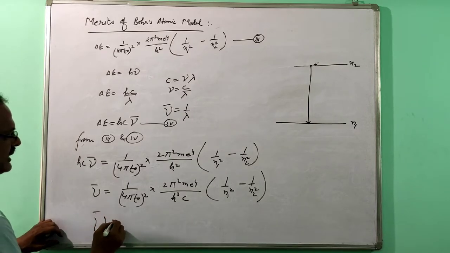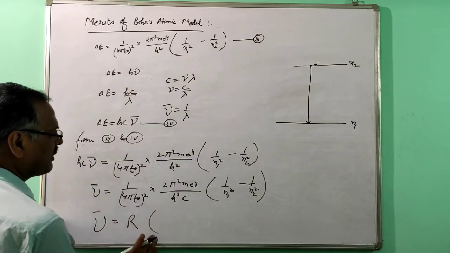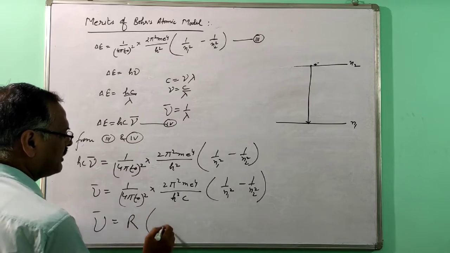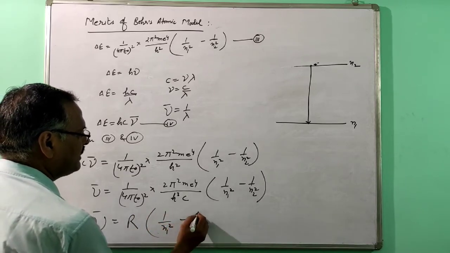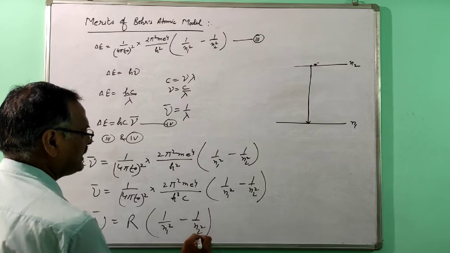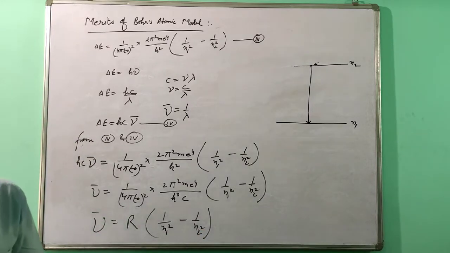Then mu bar is equal to R into 1 upon n1 square minus 1 upon n2 square, where R is the Rydberg constant.